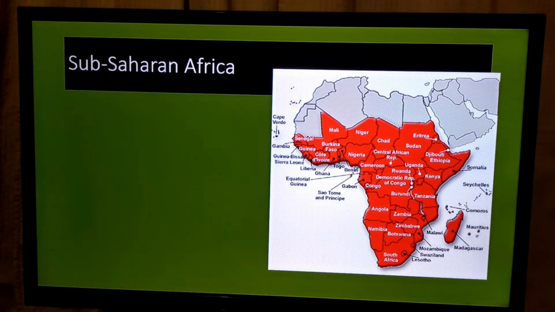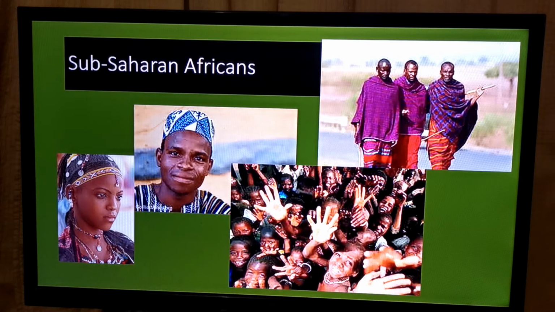Now the Sub-Saharan Africa, okay, these are all the countries south of the countries I've mentioned a while ago. There are so many, okay, and this is how they look like. This is probably the layman's idea of an African.